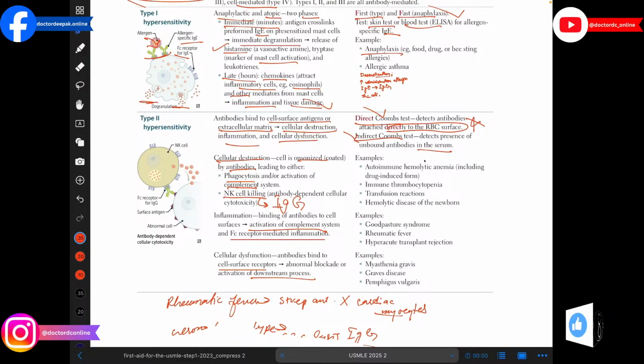And we have already covered the example of autoimmune hemolytic anemia. Mostly it includes drug-induced cases with methyldopa and penicillin, immune thrombocytopenia, transfusion reactions, and hemolytic disease of the newborn.